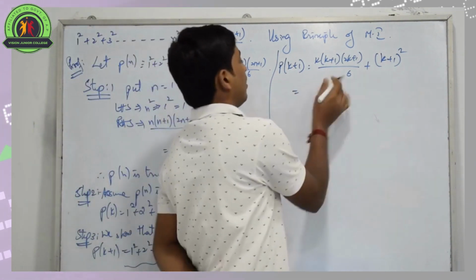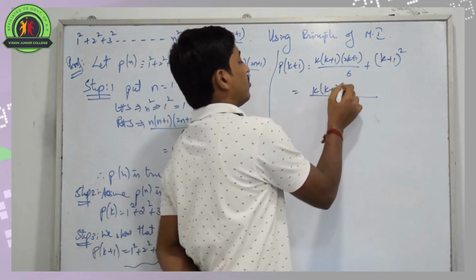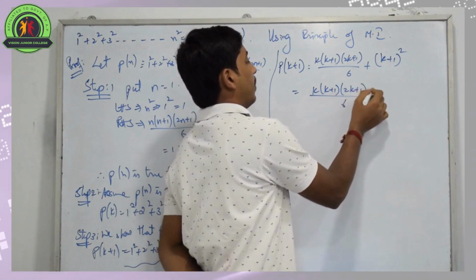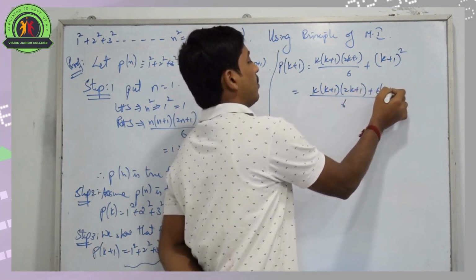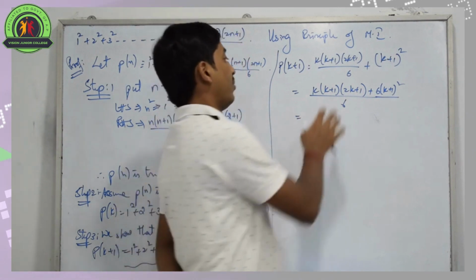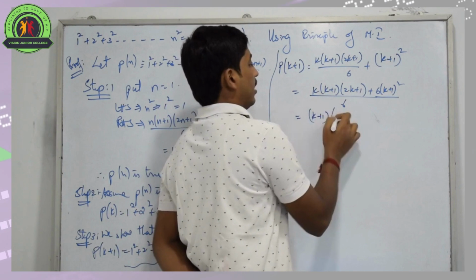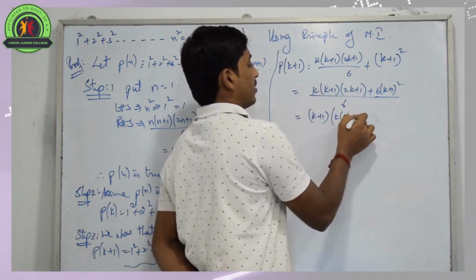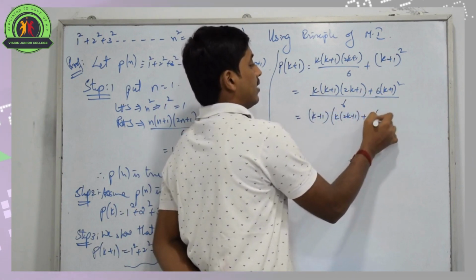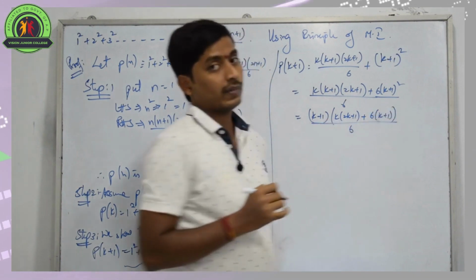Let us simplify this here. What is the LCM? 6 k into k plus 1 into 2k plus 1 plus 6 into k plus 1 whole square, right? And the next step will be, we have to take k plus 1 as common. Then here k is left, 2k plus 1 plus 6 into k plus 1 is left, whole divided by 6. Is it right?